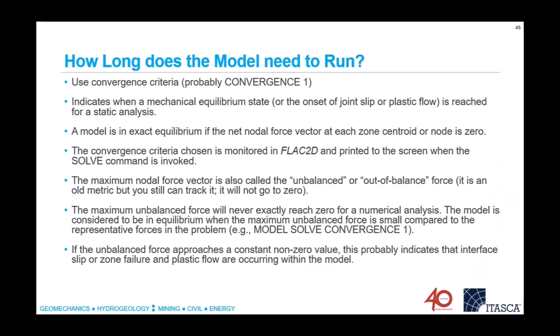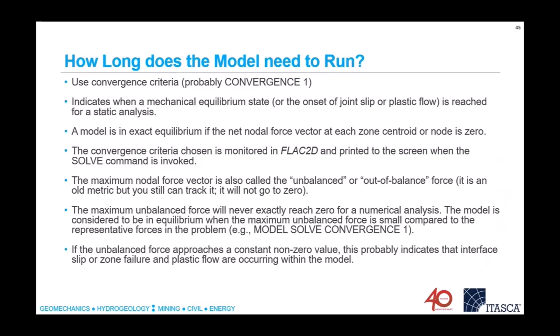So how long does the model need to run? First, use a convergence criterion. Typically, convergence 1 means that 1 stands for 1E-4. It's just a shortcut. Or internally, it will use the internal value for force ratio 1E-4. When the model converges, it indicates that the model is in a mechanical equilibrium state.